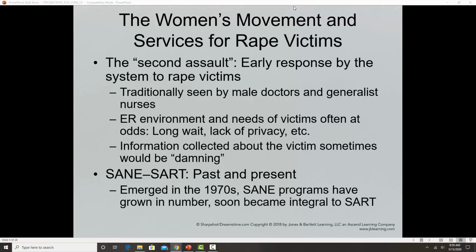First, they had the initial sexual assault, and then they had to go through these horrific interviews with police officers. They had to go through very invasive examinations in the hospital in order to document the victimization, gather evidence. Traditionally, they were seen by male doctors who had very little empathy or understanding of what victims were going through.